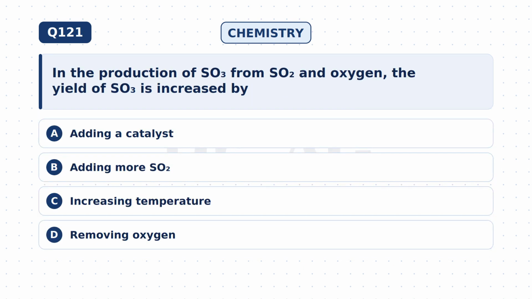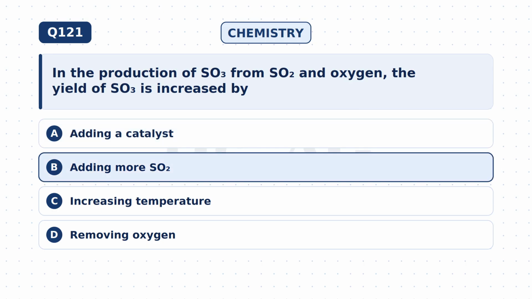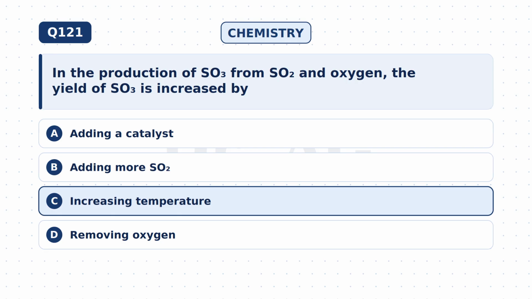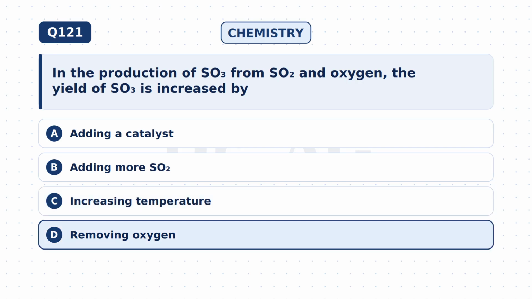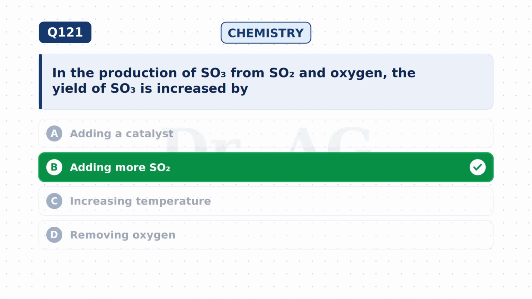Question 121. In the production of sulfur trioxide from sulfur dioxide and oxygen, the yield of sulfur trioxide is increased by: Option A, adding a catalyst. Option B, adding more sulfur dioxide. Option C, increasing temperature. Option D, removing oxygen. The correct answer is B, adding more sulfur dioxide.